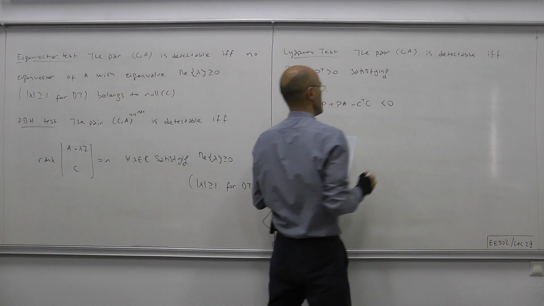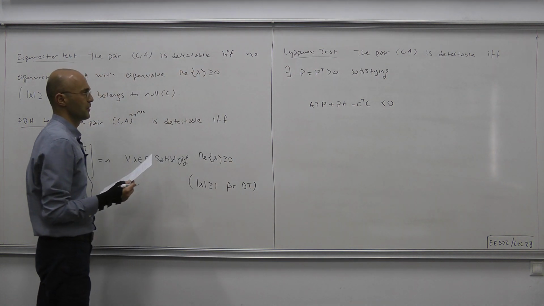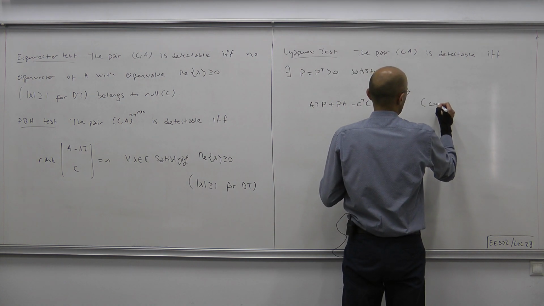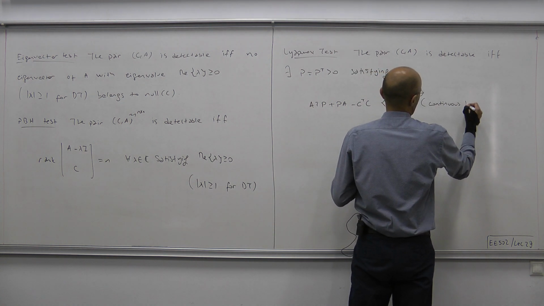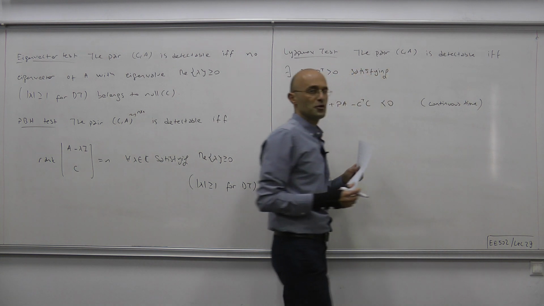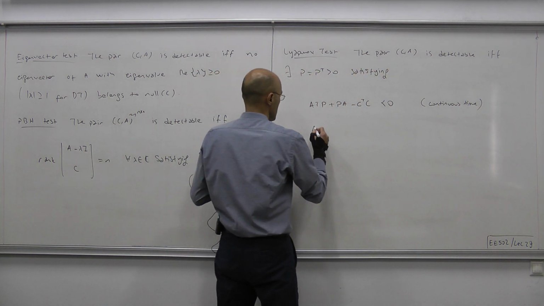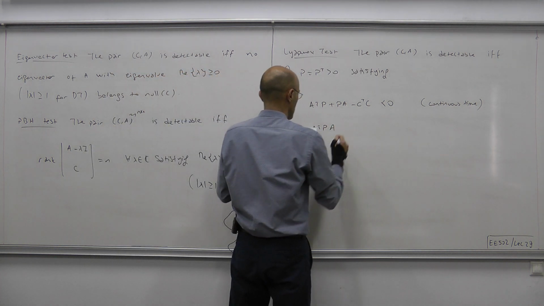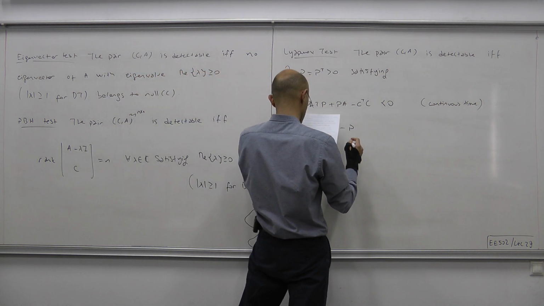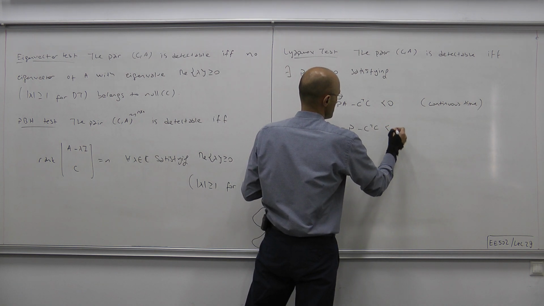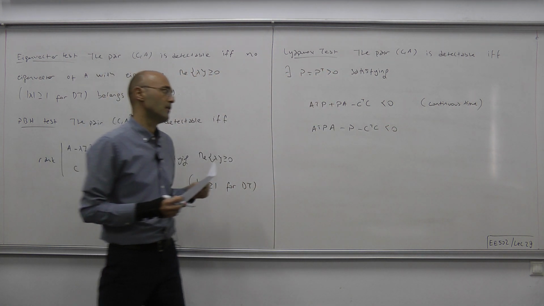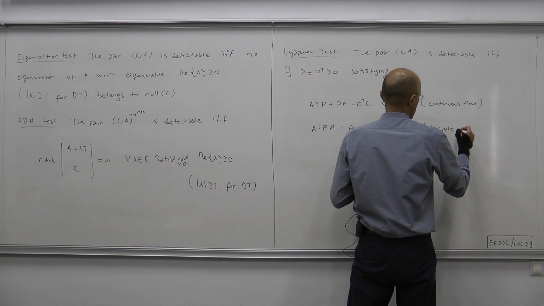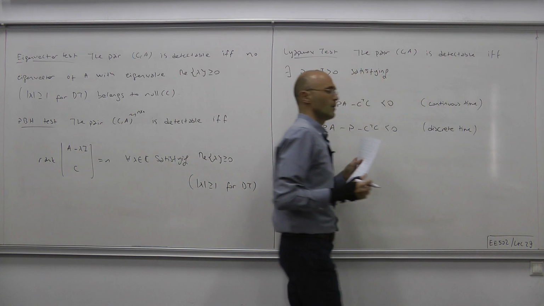To say that we just put less than 0 sign. So this is for continuous time. For discrete time it becomes: A transpose P A minus P minus C transpose C is a negative definite matrix. So this is for discrete time detectability.